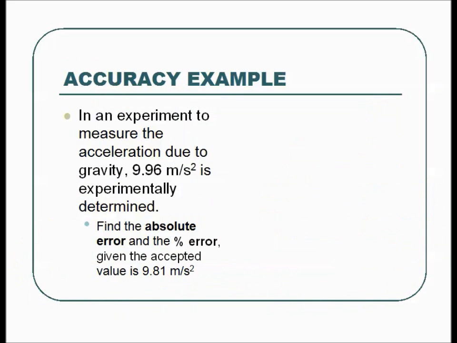So let's take a look here. Here's an example in an experiment to measure the acceleration due to gravity. 9.96 meters per second squared is determined. What is the absolute error and what is the percent error? So the absolute error is equal to the absolute value of the observed minus the accepted. That's all that it is. We'll take the observed, which is the 9.96 meters per second squared, minus the accepted value that's given to you right there, 9.81 meters per second squared.